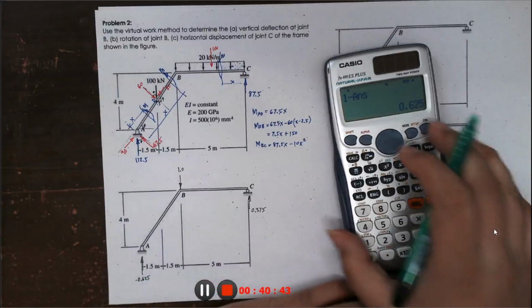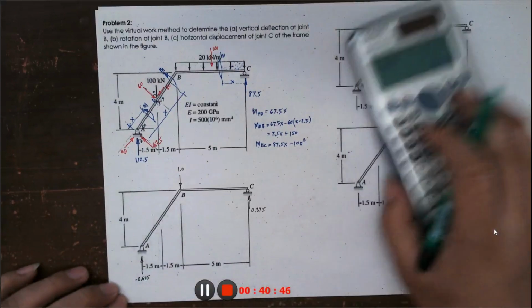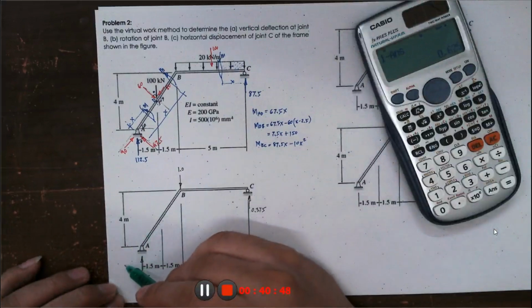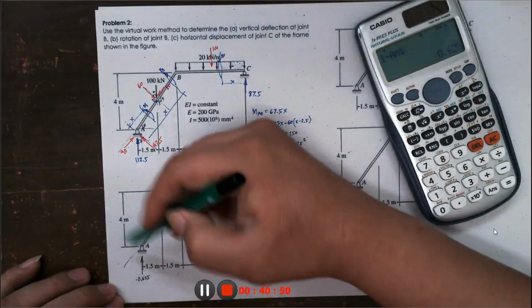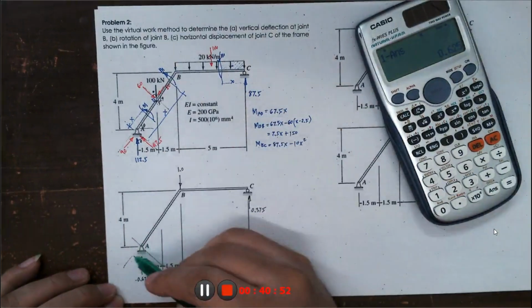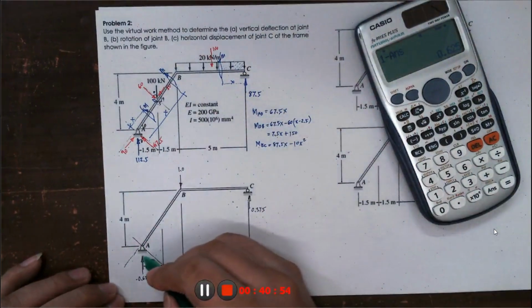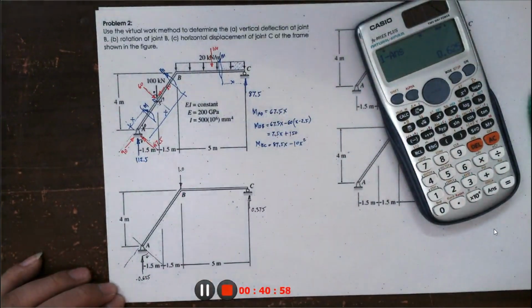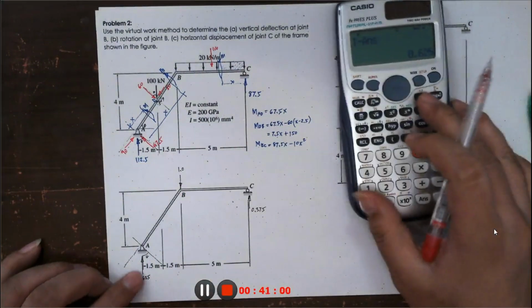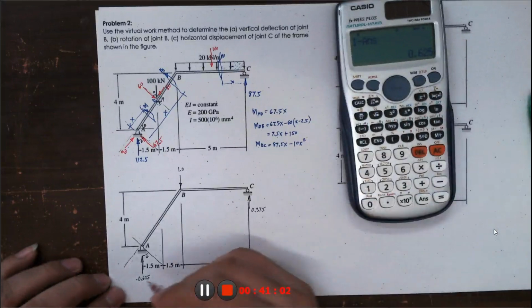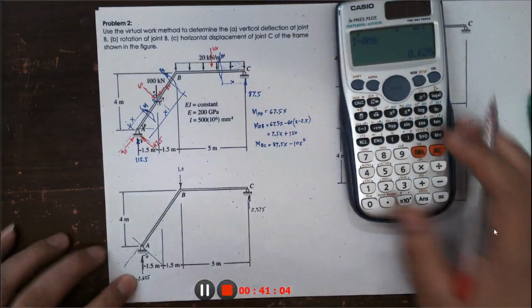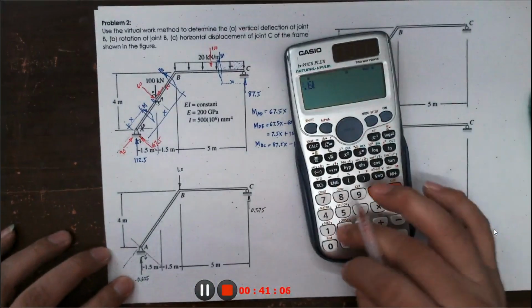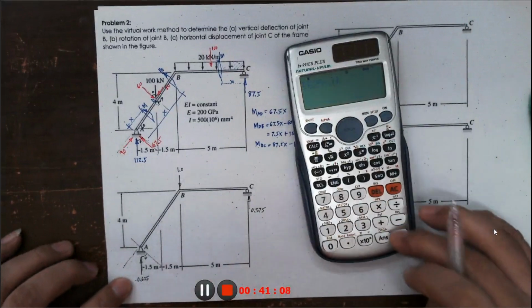Okay. And then resolve again. Same theta still. Same theta, so it's negative. This is point... So 0.625 times 0.6.